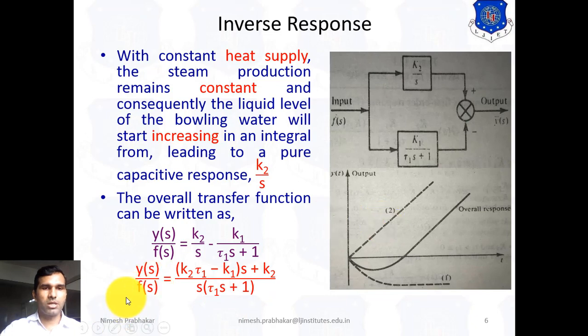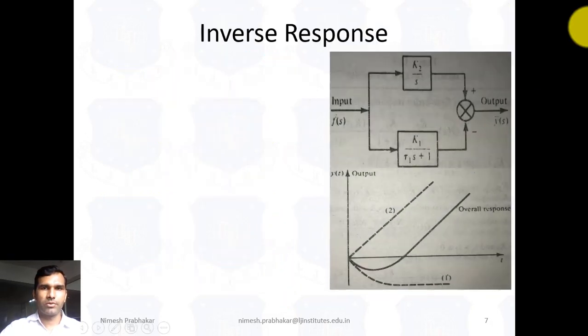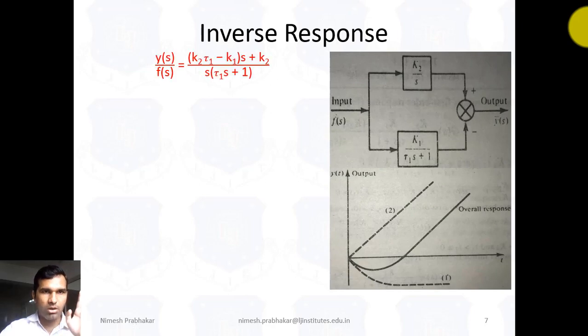We can simplify this equation as (K2 tau1 minus K1)s plus K2, over s(tau1 s plus 1). So this is the final equation of the overall response of the system.